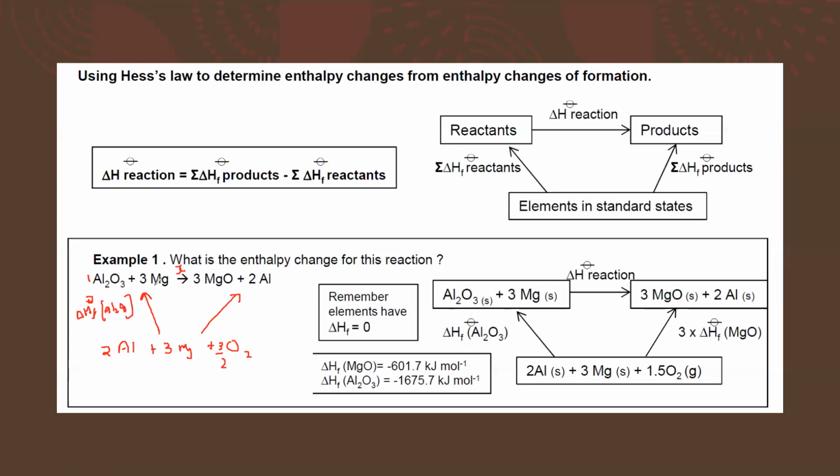Magnesium was there before and after, so magnesium is not formed. Here the formation of the element magnesium is 0, because we have magnesium in the reactants and in the products as well, so magnesium is actually not formed here.